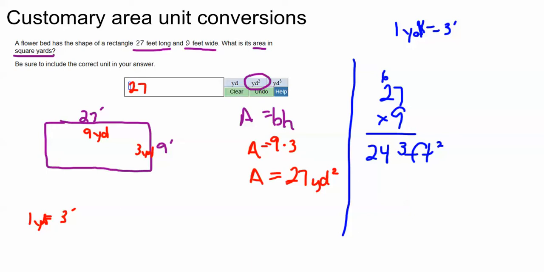So when students try and solve this way, they typically divide the 243 by 3 and get 81. But as you can see, 81 is an incorrect answer. It is not what we found for square yards.